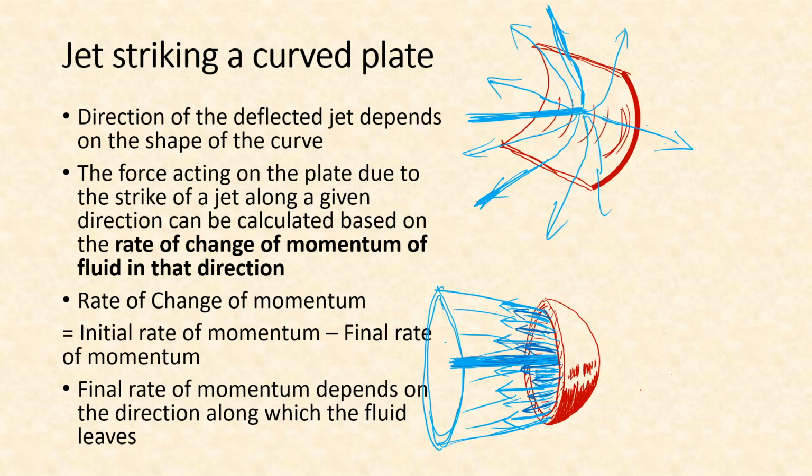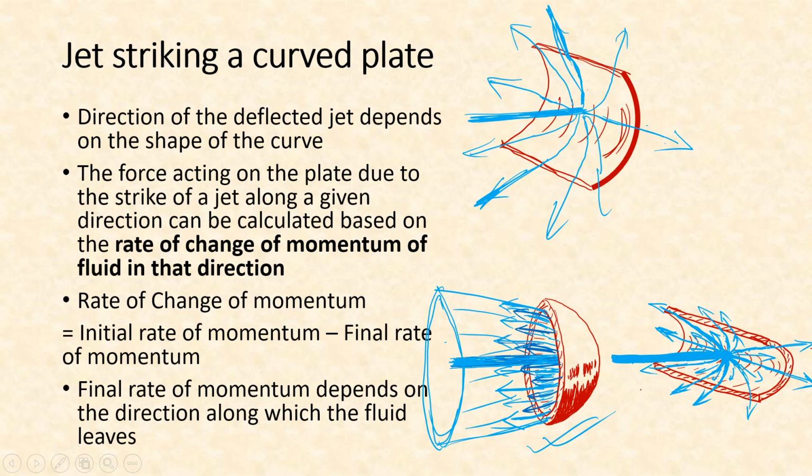Because of this constant angle convenience, we are going to use this kind of a symmetrical plate. If we considered this other kind of a plate, we have already seen what happens, because the angles are all different and it's very difficult to find out how much water is getting deflected by how much angle.